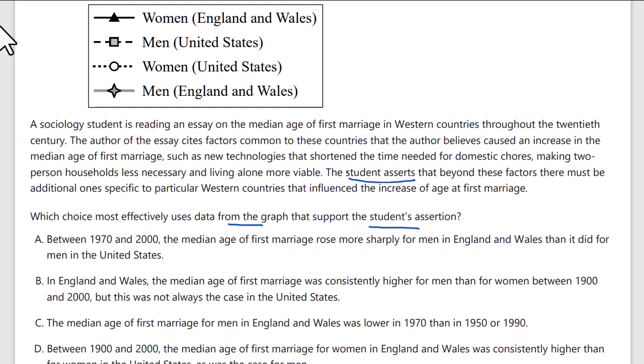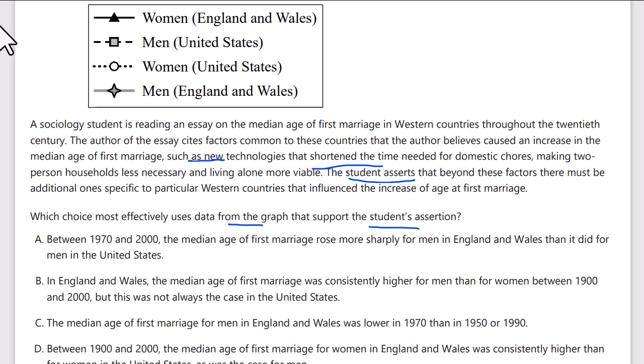A sociology student is reading an essay on the median age of first marriage in Western countries throughout the 20th century. The author of the essay cites factors common to these countries that the author believes caused an increase in the median age of first marriage. So median age has gone up for first marriage, and that's due to new technologies that shorten the time needed for domestic chores, making two-person households less necessary and living alone more viable.